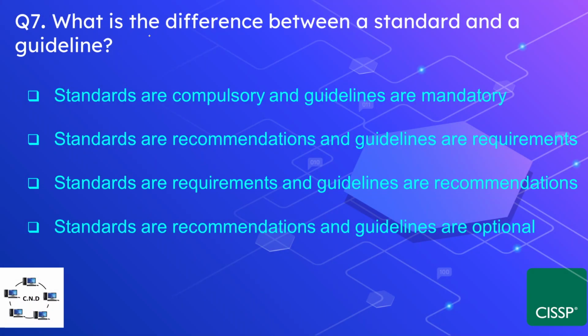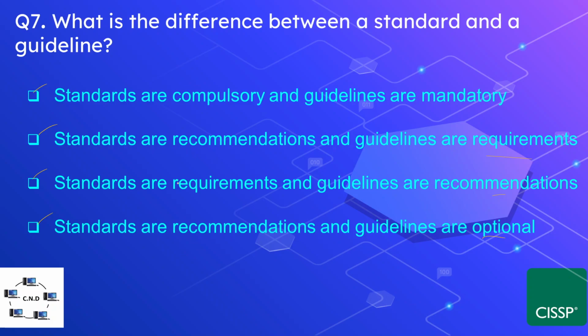The next question is: what is the difference between a standard and a guideline? The options are: standards are compulsory and guidelines are mandatory; standards are recommendations and guidelines are requirements; standards are requirements and guidelines are recommendations; and standards are recommendations and guidelines are optional.